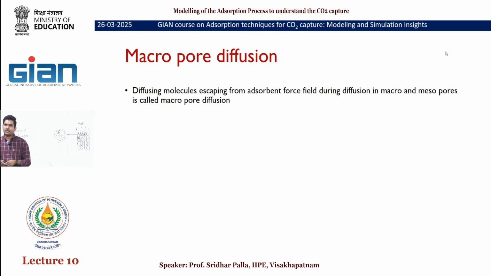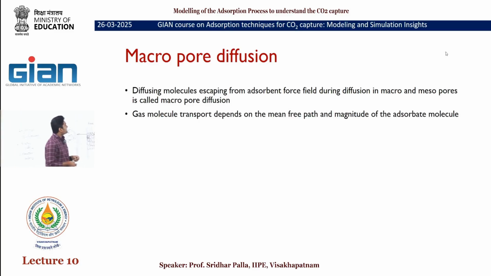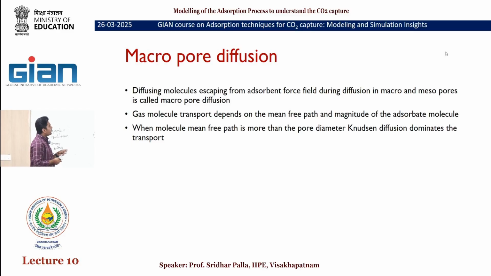If the diffusion is happening in that size range, we can put that in macropore diffusion. The gas molecule transport depends on the mean free path and the size of the adsorbate molecule. When the molecule mean free path is more than the pore diameter, we call that Knudsen diffusion. Knudsen diffusion dominates the transport.